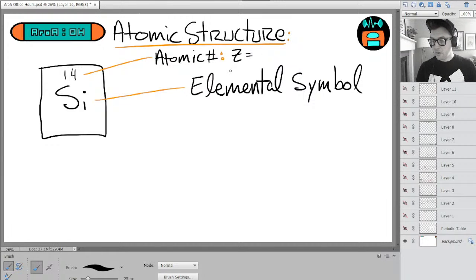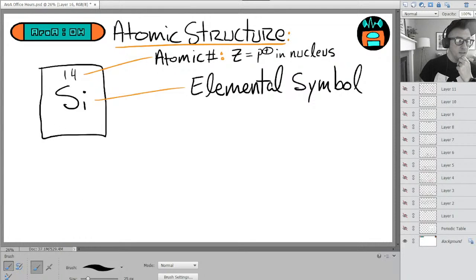And the atomic number is equal to the protons in the nucleus, or the number of protons at the core of that atom is given to you on the periodic table by the atomic number.